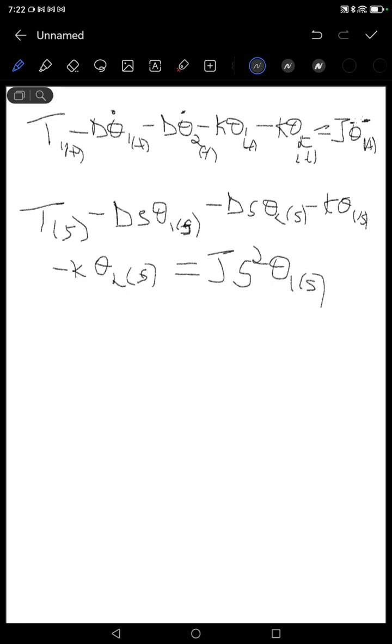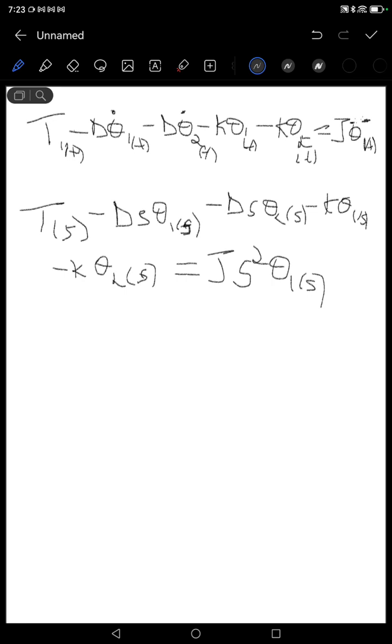Okay, remember the question will be asking us to determine the transfer function of theta over T. So here we have this equation. What we can do is group the theta 1 together and the theta 2 together.